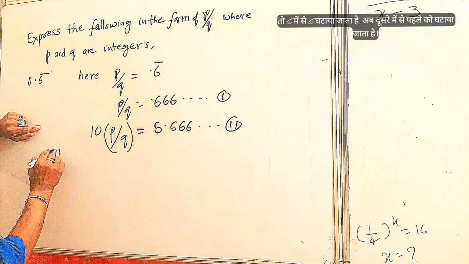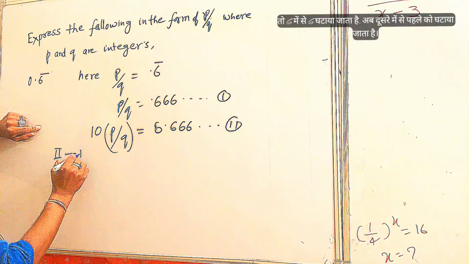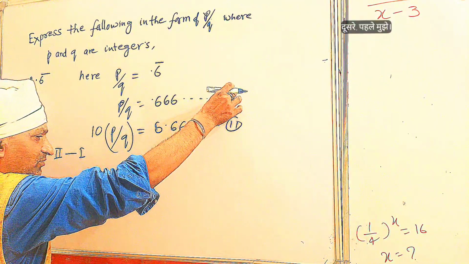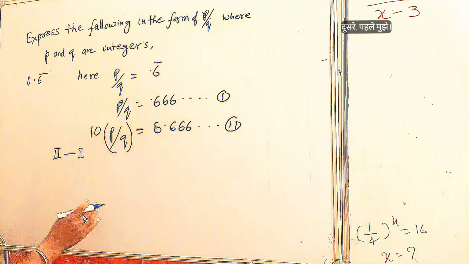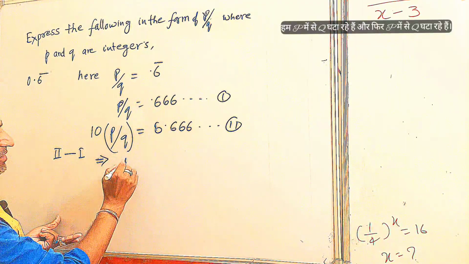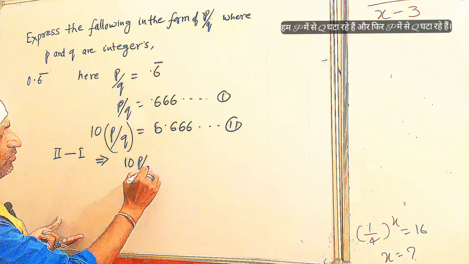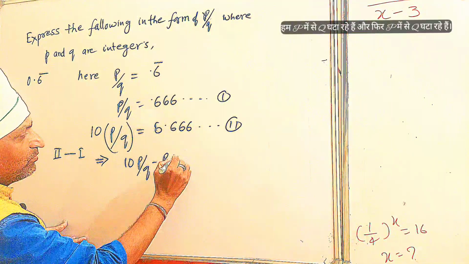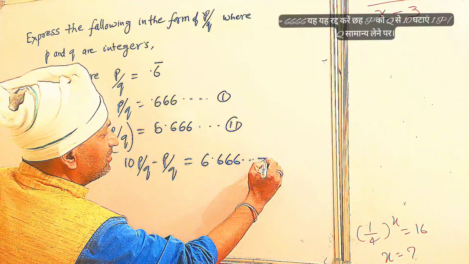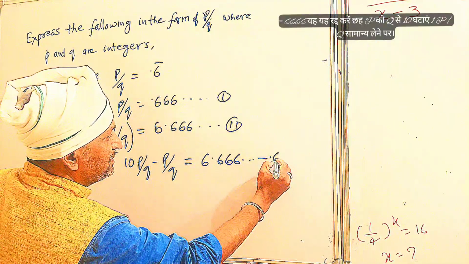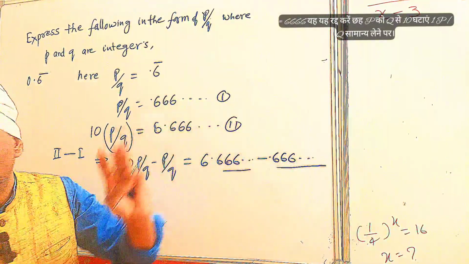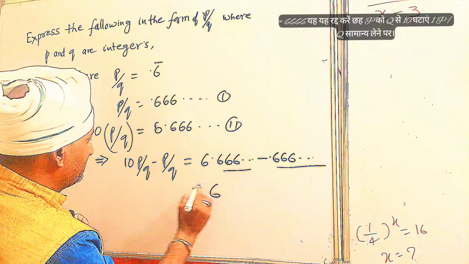Now second subtracted by first. सेकंड में से फर्स्ट को हम माइनस करते हैं. We are subtracting. Then 10 P by Q minus P by Q equal to 6.666 minus 0.666. This cancels out. 6.